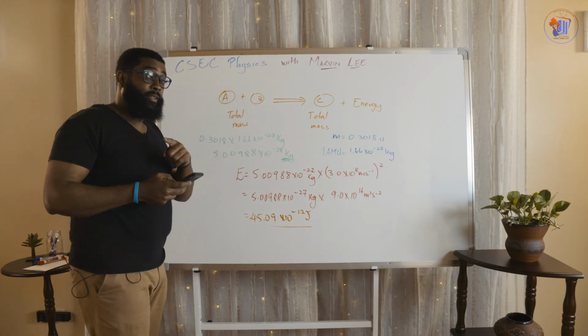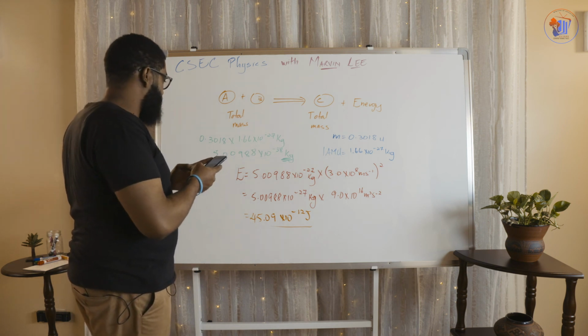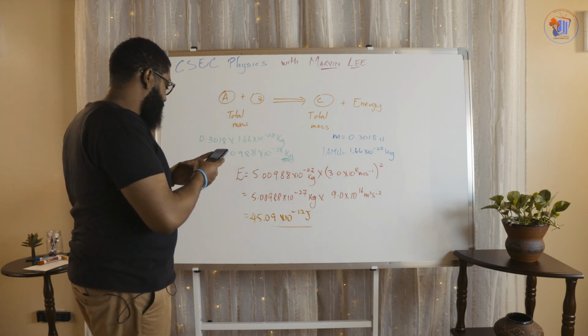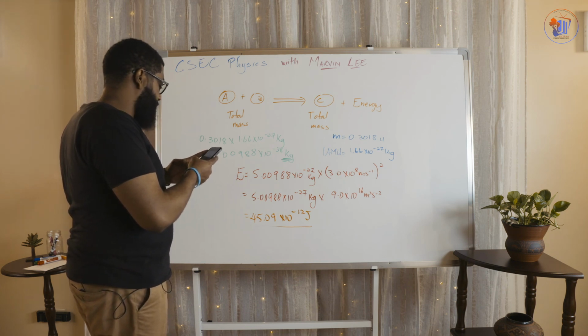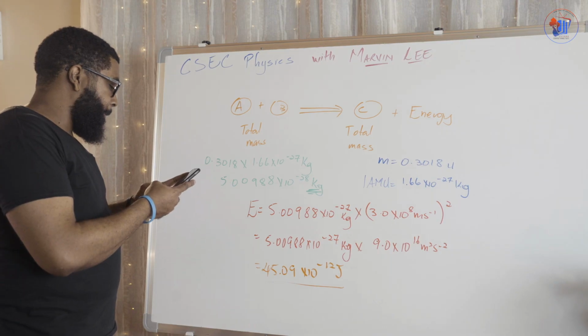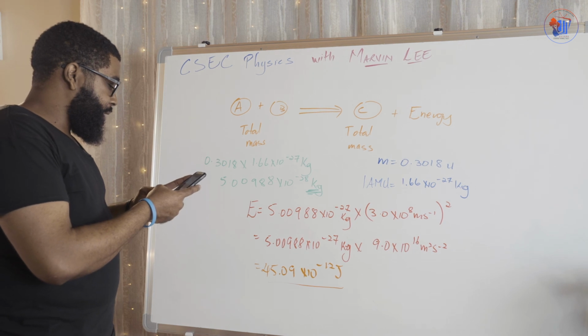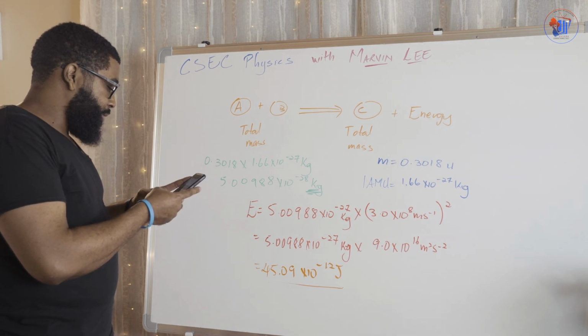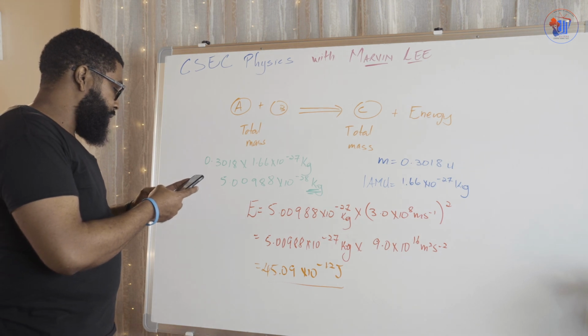I hope you did this for homework. Now, just checking over my calculations again to make sure. 0.3018 times 1.66 times 10 to the minus 27. That is our mass, times 3.0 by 10 to the 8 squared.